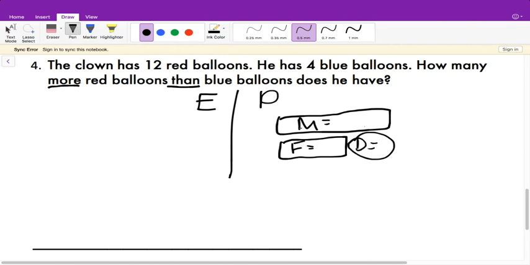So who has more, or what is there more of? Red balloons or blue balloons? That's right, there are more red balloons, so I'm going to put red at the top and blue at the bottom. It says the clown has 12 red balloons. He has 4 blue balloons. So that tells me the missing information is the difference.